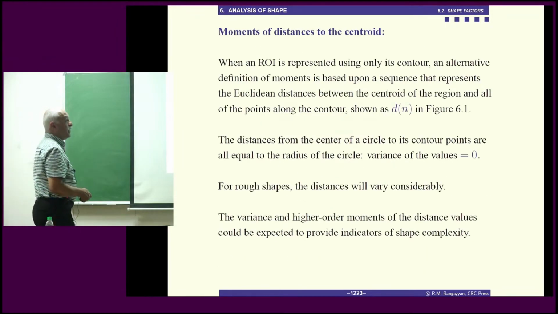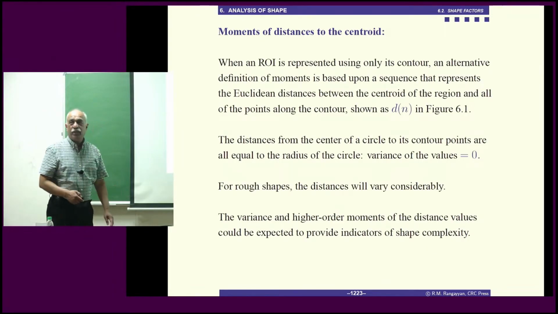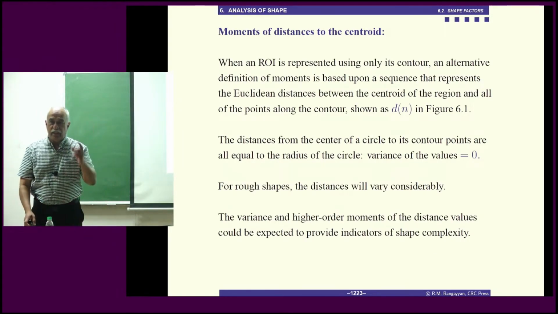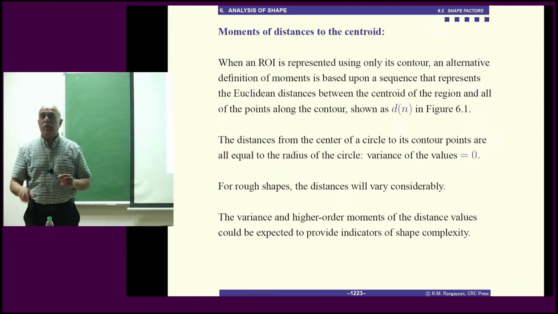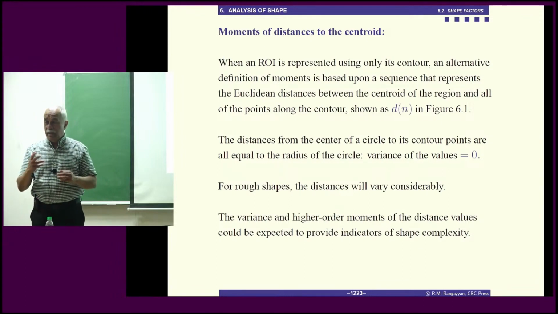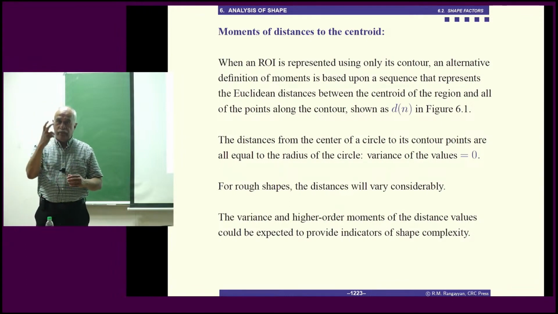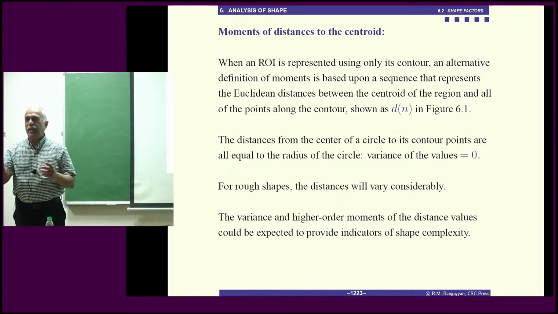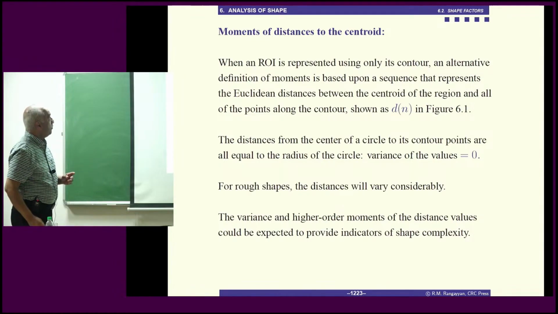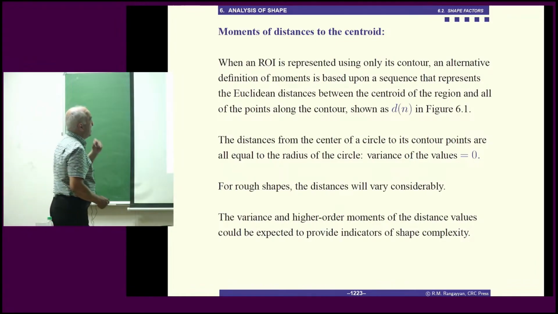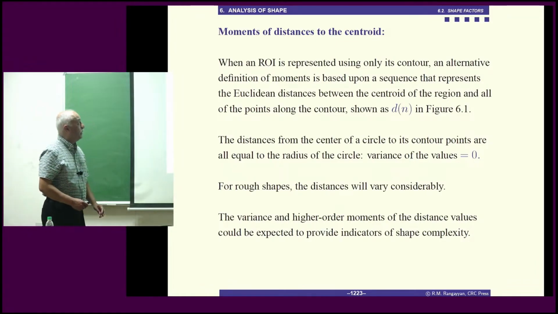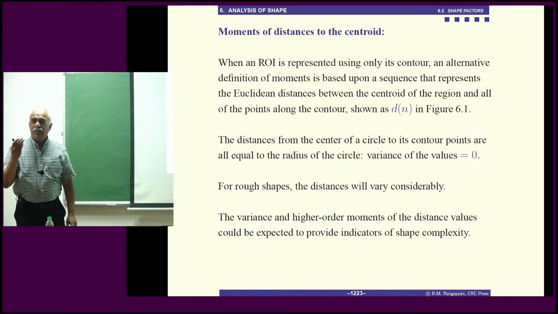So moments of distances to the centroid is another possibility. We earlier saw the distance dn, square root of xn square plus yn square. So you can take those values and treat them as a distribution and take moments of those. So when a region is represented using only its contour, do you want to use the contour pixels?